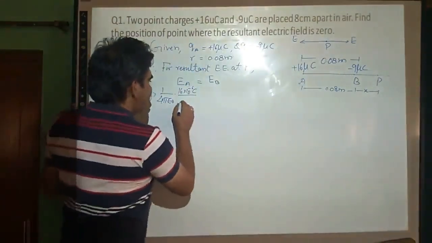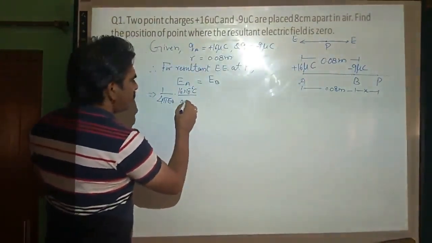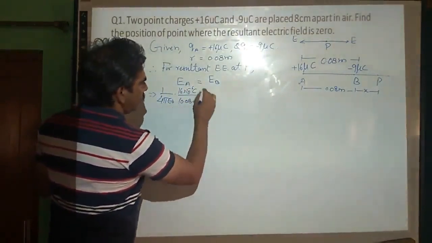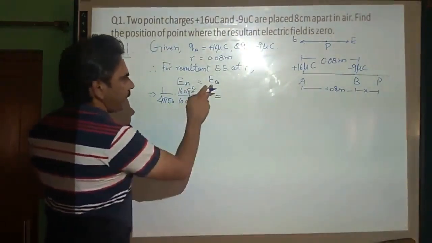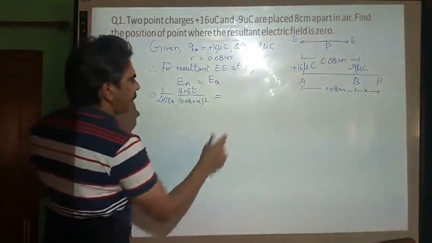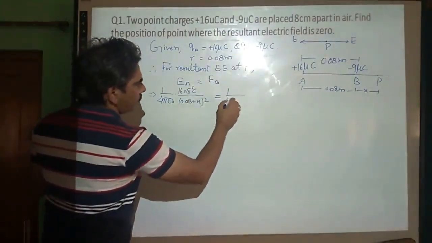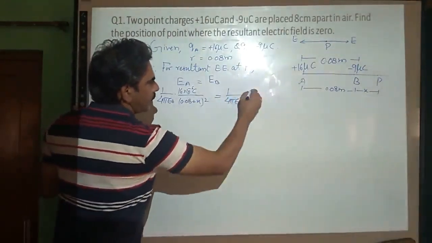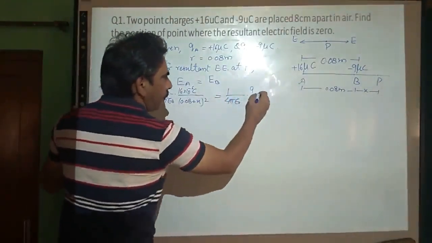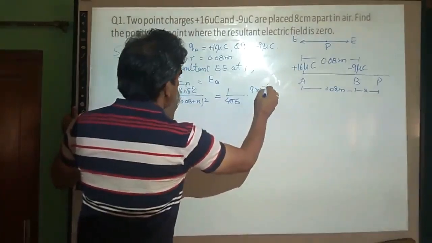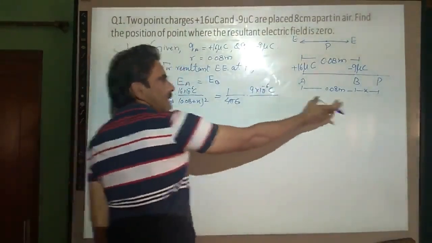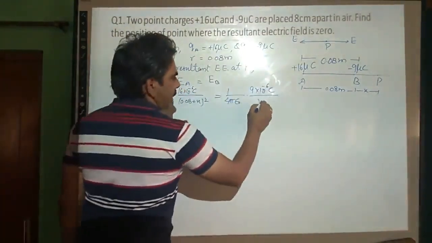So I can write it as 0.08 plus x, the whole square, equals the electric field due to charge B, which is 1 upon 4 pi epsilon naught into charge, which is 9 into 10 to the power minus 6 coulomb, divided by this distance, which is x. So it is x square.